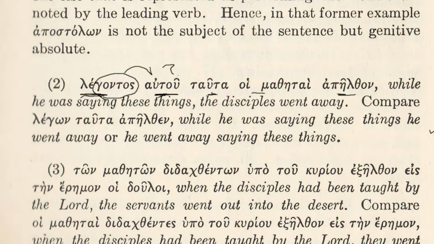And then, of course, I remember, oh, this is a genitive that goes with that genitive, and hence I'm dealing with the genitive absolute. So I'm going to render it using autou as the subject of the genitive absolute phrase, and it's going to be while he was saying tauta, these things, hoi mathetai, the disciples, apelthon, went away. Again, you can see the genitive absolute phrase is right here. While he was saying these things, then the separate sentence, the disciples went away.